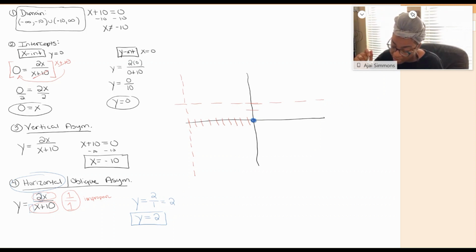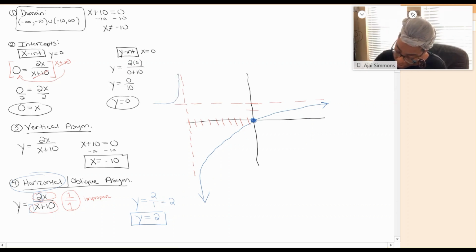Now, based on what I see on this graph, it's going to go through this point here. So it's probably going to do something like this. And the other part is probably going to be up here in this little corner right here. Because an asymptote is kind of like a magnet. It kind of sucks the graph towards it, but it's not necessarily going to touch.